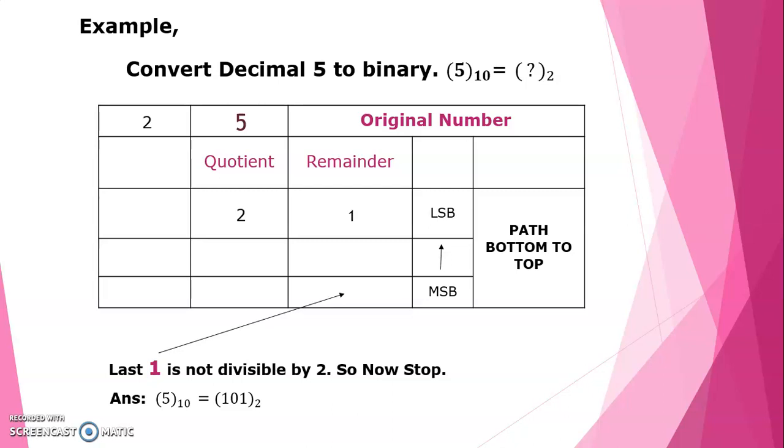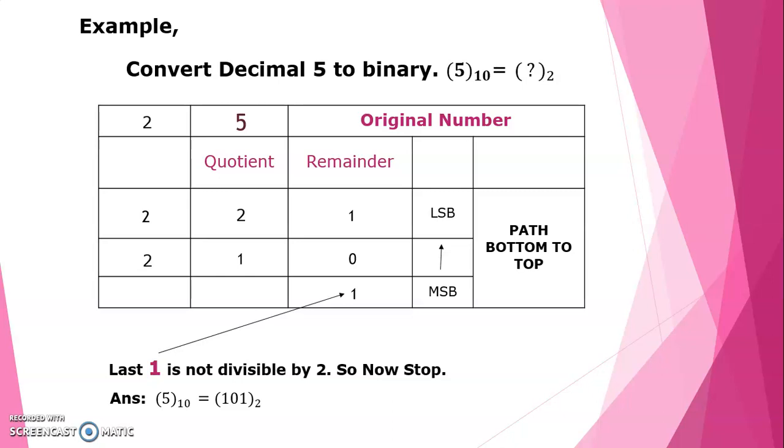Now you have to again divide the 2. 2 divided by 2, your quotient is 1 and remainder will be 0. Next, now 1 is not divisible by 2. So now you have to stop and write down the last value of the quotient, that is your 1.